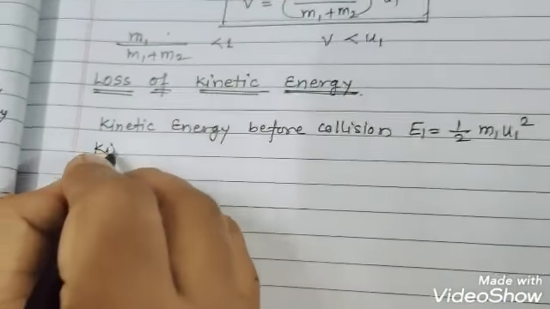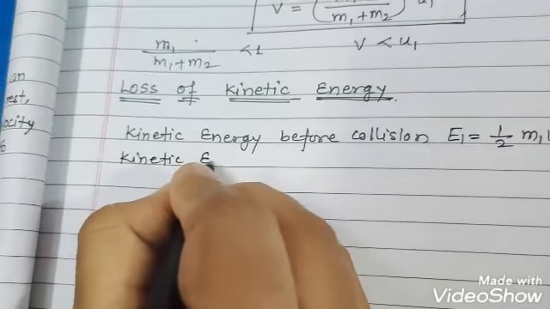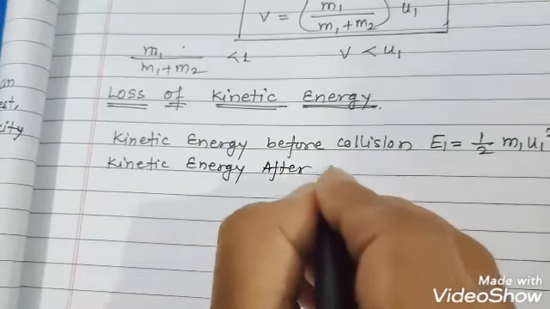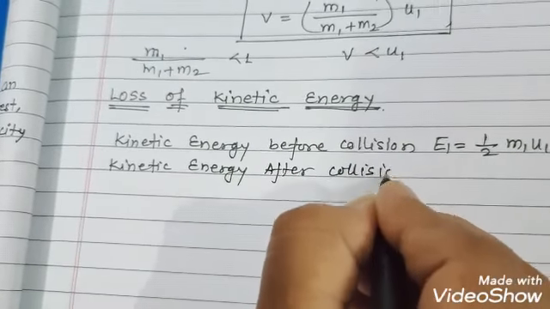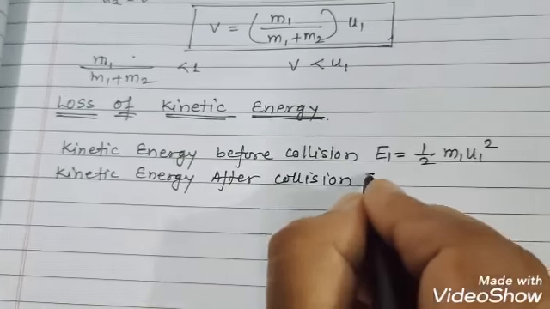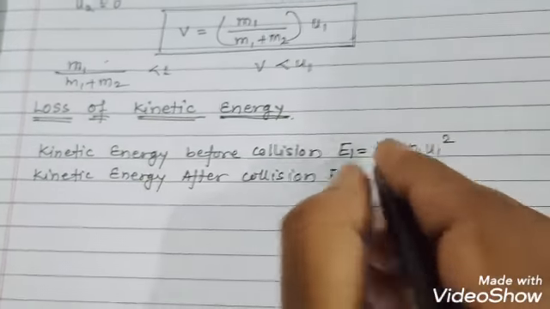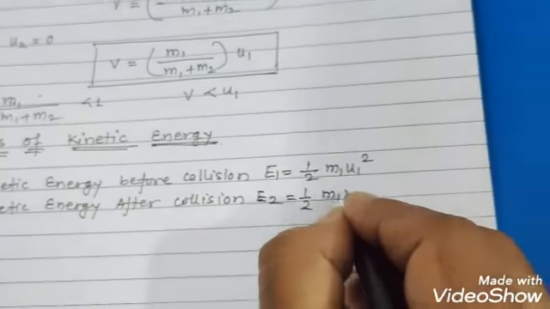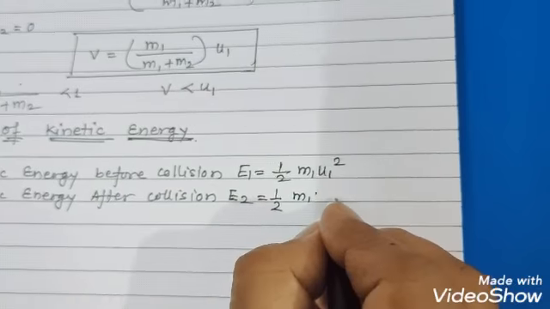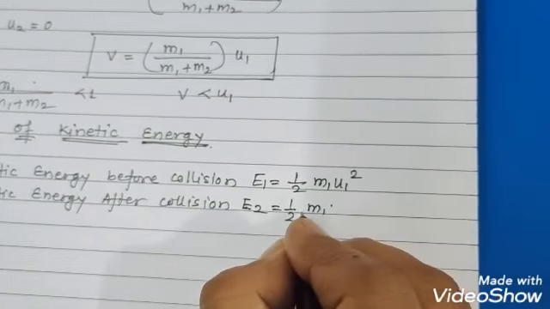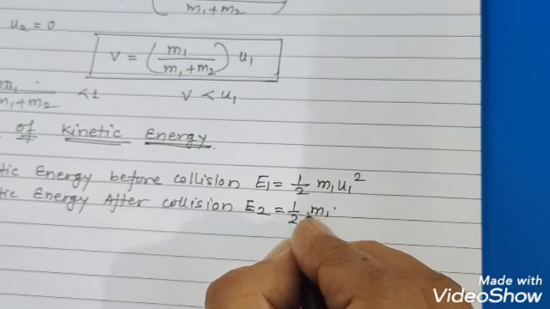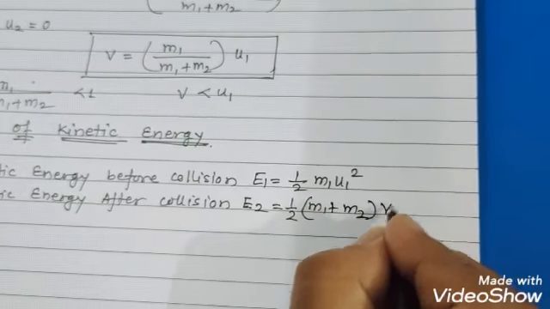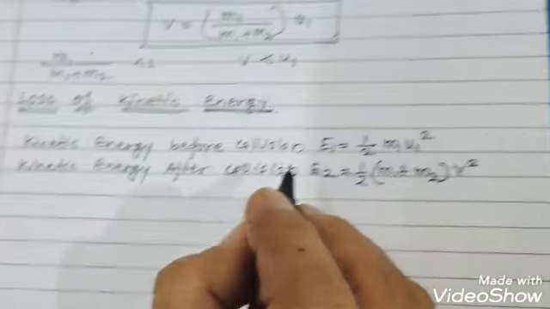And the kinetic energy after collision, E2, is half m1 v square plus half m2 v square. So I am taking half as a common factor, and this is (m1 plus m2) v square.